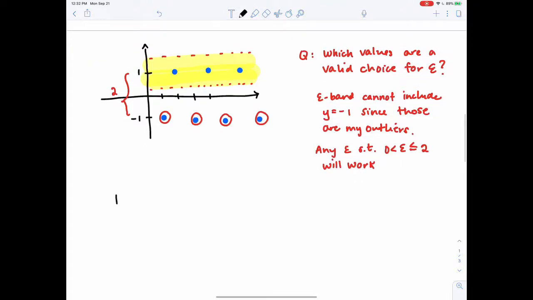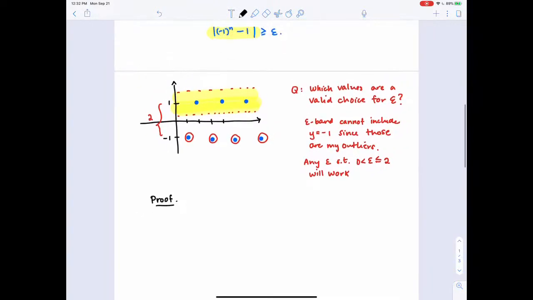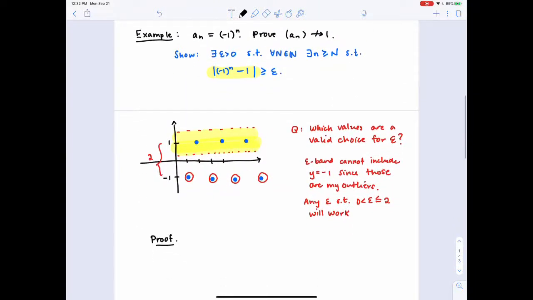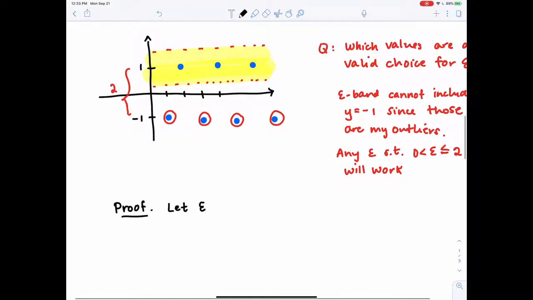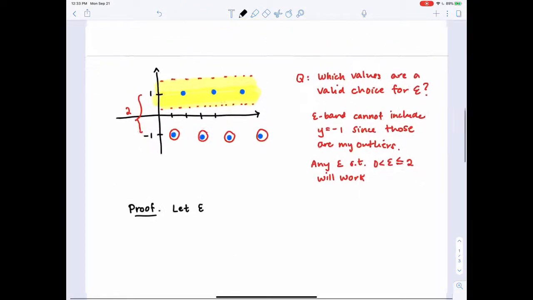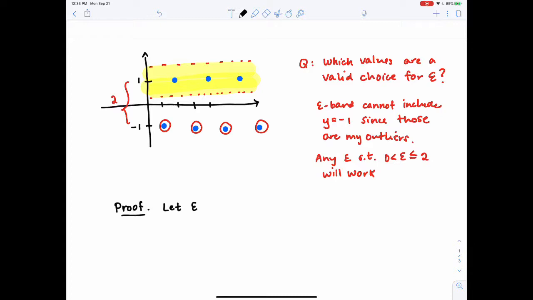So proof. To write up my proof, I need to follow the structure of the definition. I need to show there exists an epsilon. So my first step is to let epsilon equal some value. Now for me, we said we can pick any number that's positive but less than or equal to 2. So I'm going to pick epsilon to be a half just for fun. You can pick any value you want.